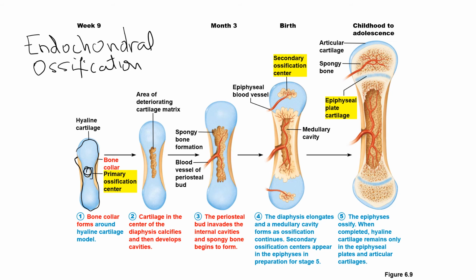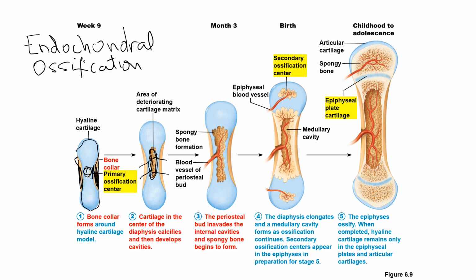This takes place when calcium deposits in the shaft of the hyaline cartilage bone. The calcium prevents nutrients from reaching the chondrocytes in the hyaline cartilage. Chondrocytes begin to die and deteriorate, and calcification will begin in the center, or diaphysis, of the long bone.